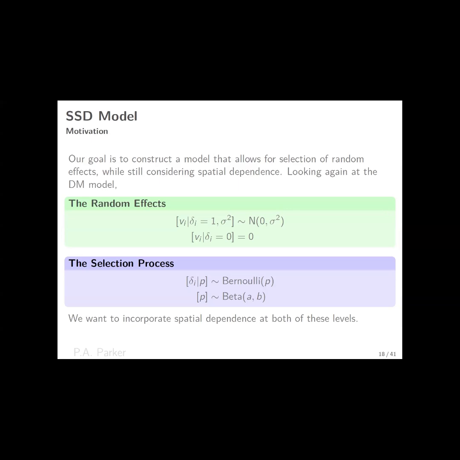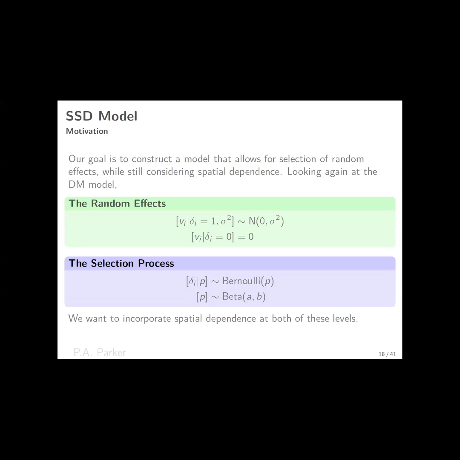And when we look at this DM model, we kind of think of it as these two different stages, these two different components. And so we have the random effects model, right? So modeling V here, maybe conditional on these indicators. That's one part of the model. And the other model is the selection process. How are these indicators themselves modeled? And so when we say we want to model spatial dependence, we actually want to do it at both of these levels.